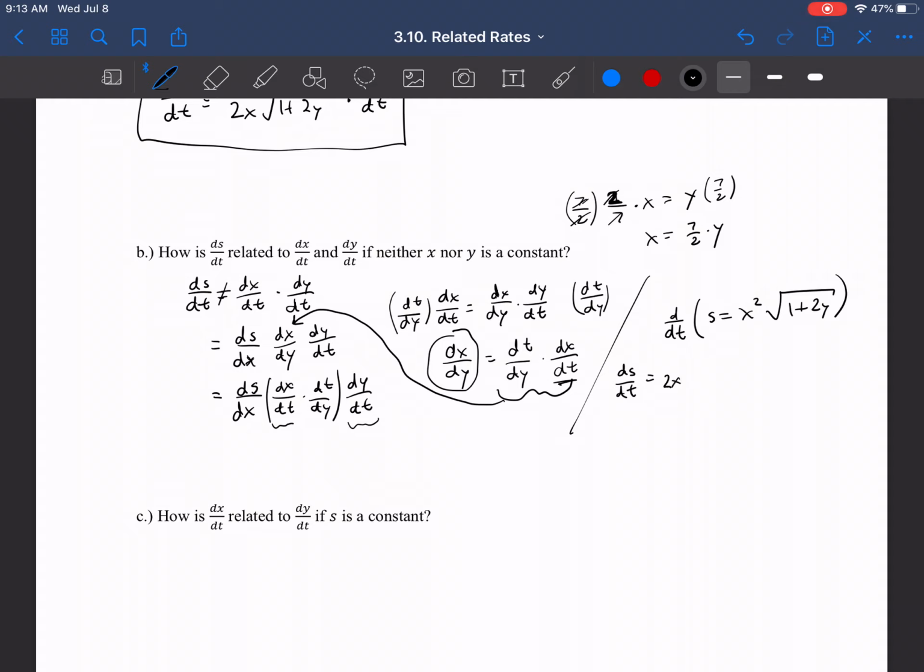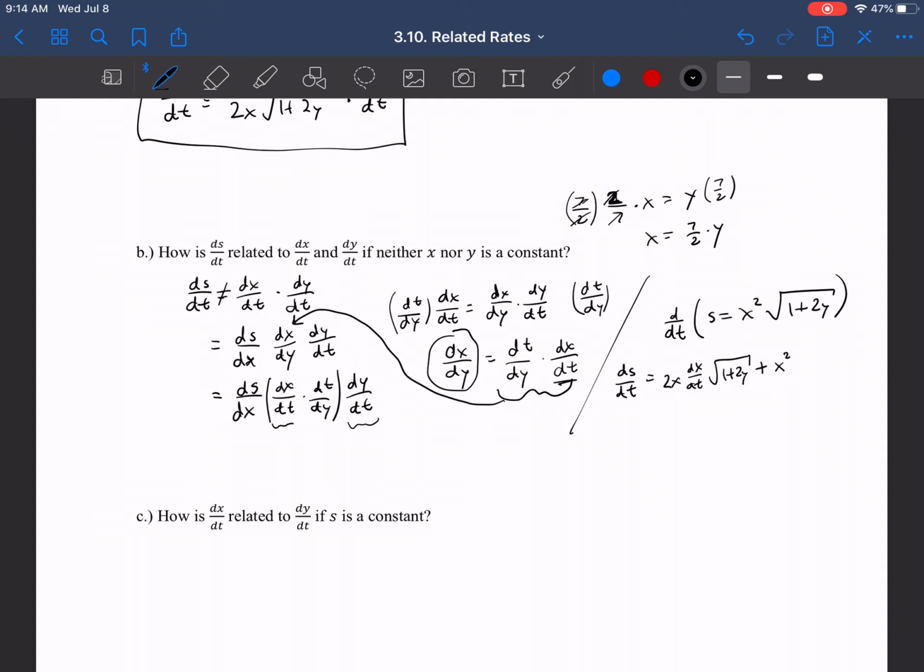This is 2x, and then dx/dt times the square root of 1 plus 2y, plus the x squared.